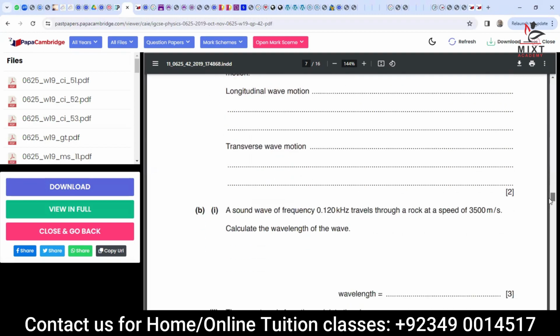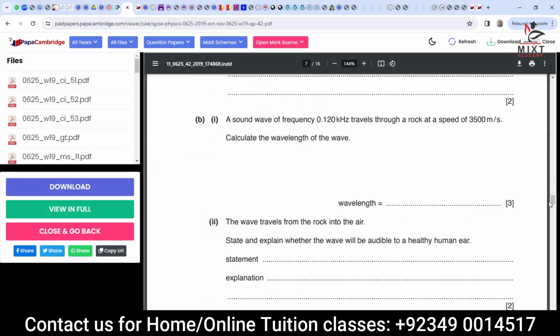Okay, now next. Who will solve that? A sound wave of frequency 0.120 kilohertz travels through a rock at a speed of 3,500 meters per second. Calculate the wavelength. Armina, which formula shall we use to find the wavelength?